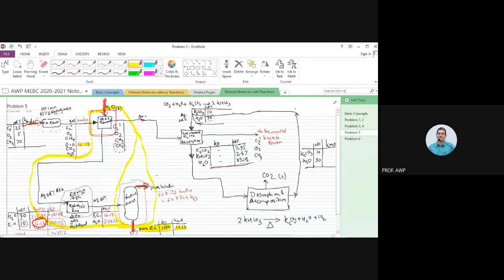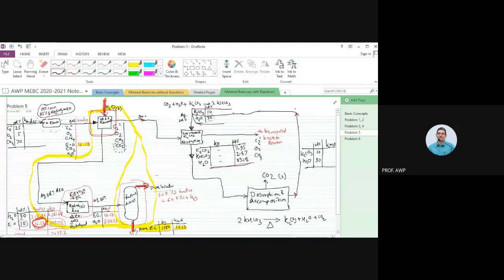Now this 16.13 kilomoles of ethylene oxide is produced in the reactor. How is it getting produced? 10% conversion and 85% selectivity to ethylene oxide.